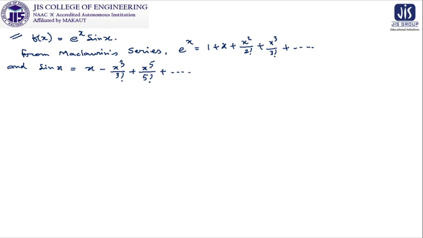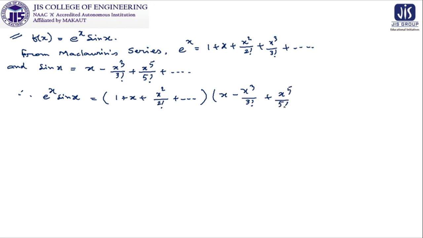The thing is that when we have to find the expansion of e to the power x sin x, we can write 1 plus x plus x square by factorial 2 plus dot dot dot, into x minus x cube by 3 factorial plus x to the power 5 by 5 factorial and so on.